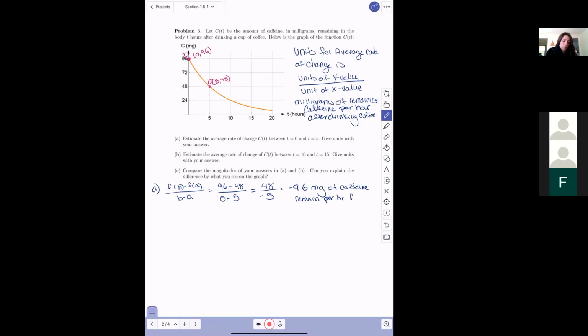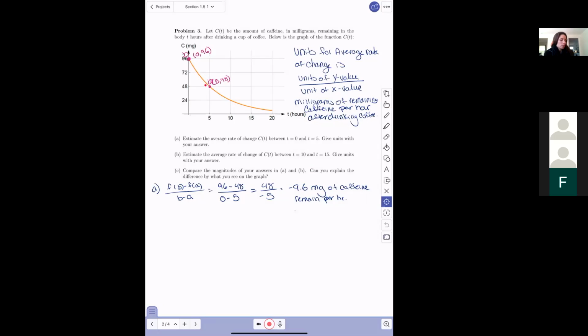on the interval. So it's important to know that this rate of change is going to be different than this one, which you're going to see in a minute, because this one is steeper. They're both negative, so we keep losing caffeine in our body as hours increase afterwards.